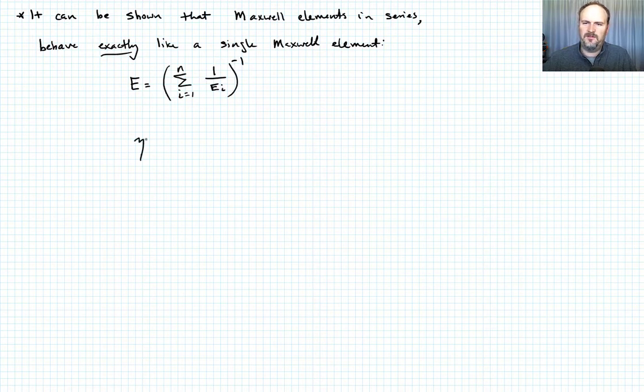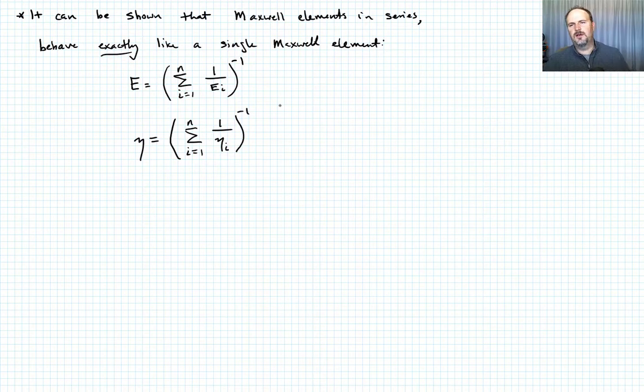And similarly for eta, if you created a single Maxwell element with these values of E and eta, you would recover whatever the series solution was. So as a result, we don't use Maxwell elements in series because there's no point in it. It doesn't give us any advantage.